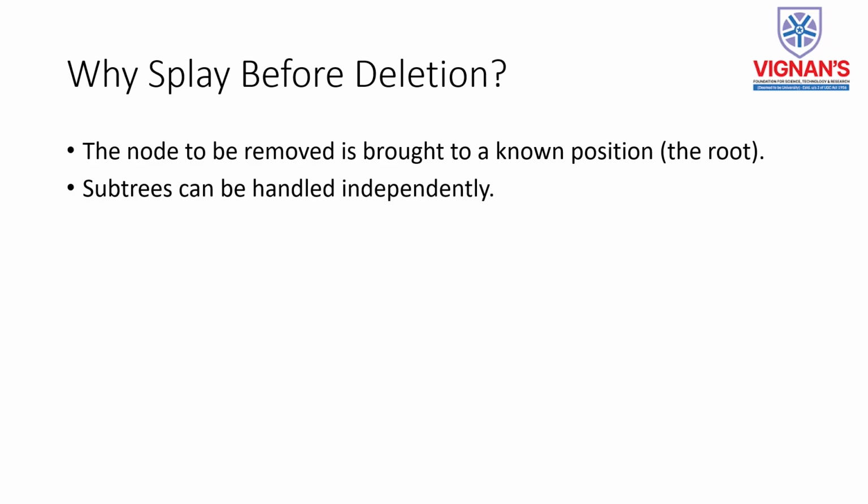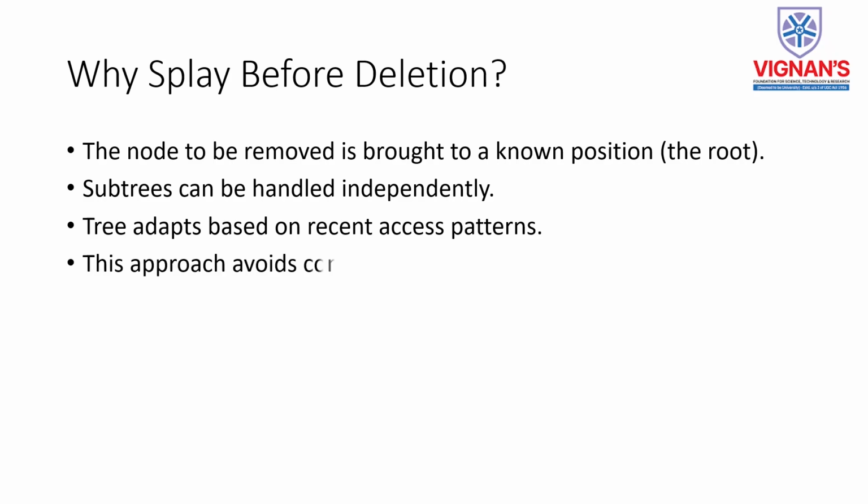Once the node is at the root, the left and right subtrees can be processed separately. Tree adapts based on recent access patterns. The tree reorganizes itself according to recently accessed nodes. This approach avoids complex case handling during deletion. By deleting only the root, complicated deletion cases are avoided.